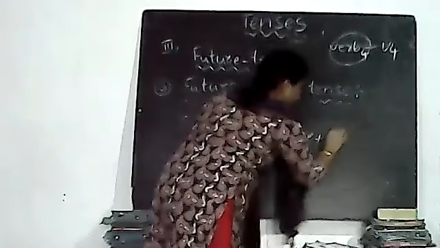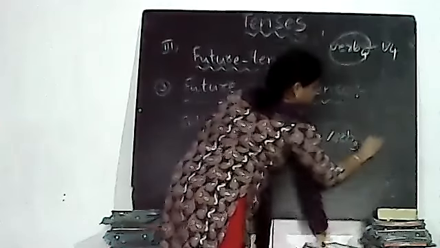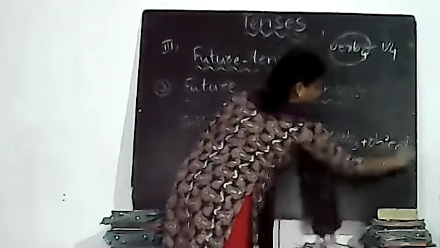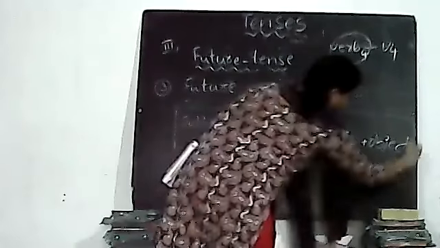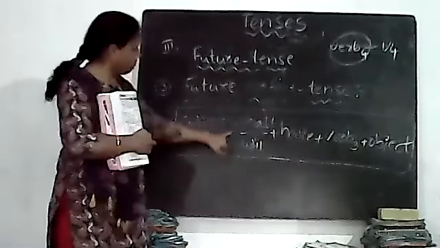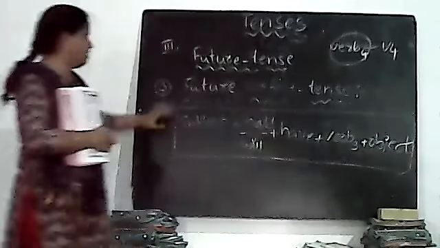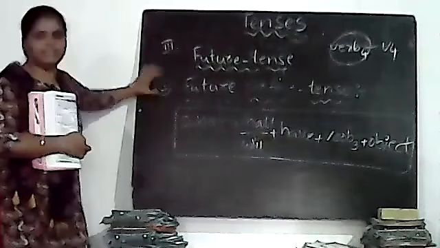So we add an extra helping verb, have, plus verb 3, like this. Next, finally, we can add the object. This is the structure of the future perfect tense: subject plus shall or will plus have plus verb 3 form, finally object. So this is our future perfect tense structure.